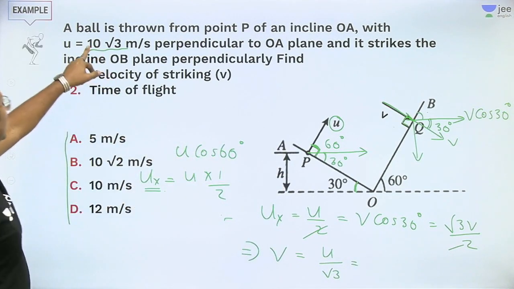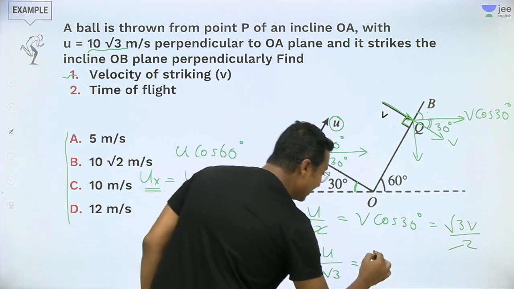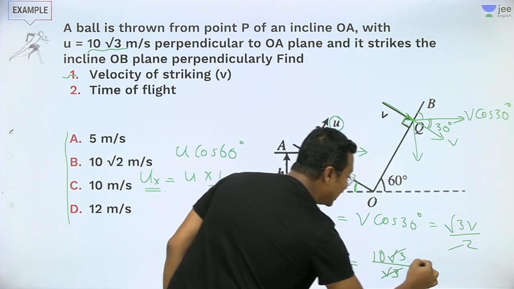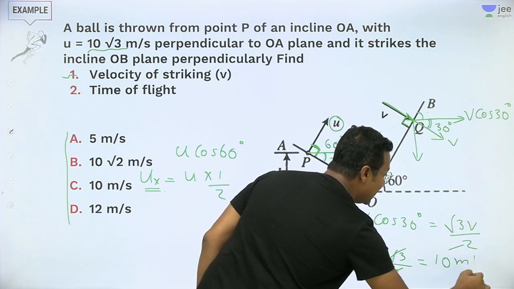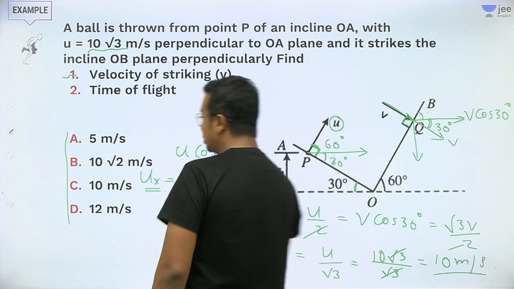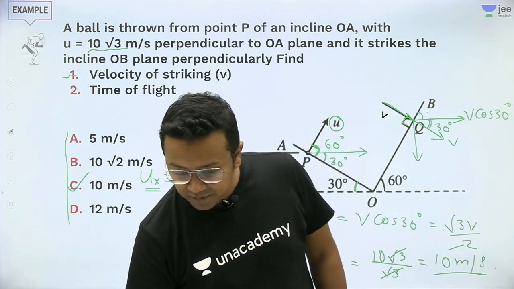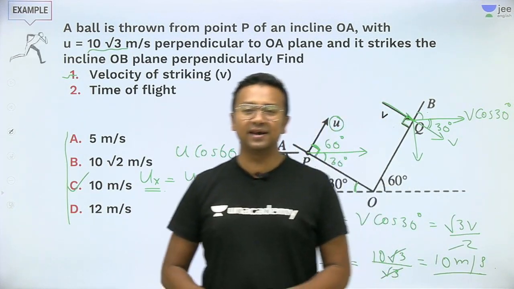And what was u? 10 root 3. 10 root 3 divided by root 3, root 3 cancel, equals 10 meters per second. So option C is the right answer. Option C, students, is the right answer out here.